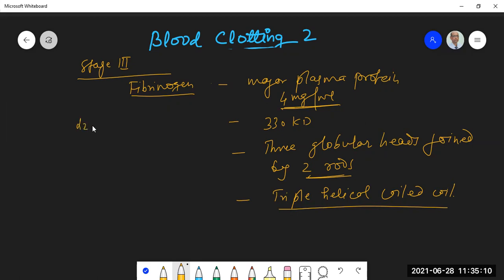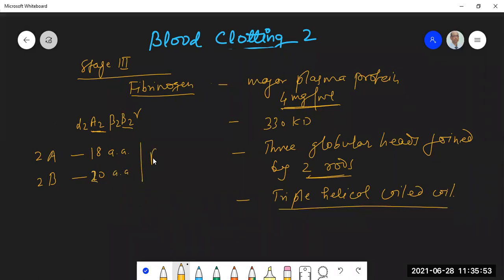There are 2 alpha, 2 beta, and 2 gamma. In addition to the 3 subunits, it has got 4 fibrinopeptides: 2 A fibrinopeptides and 2 B fibrinopeptides. A fibrinopeptide is made up of 18 amino acids, and B fibrinopeptide is made up of 20 amino acids.